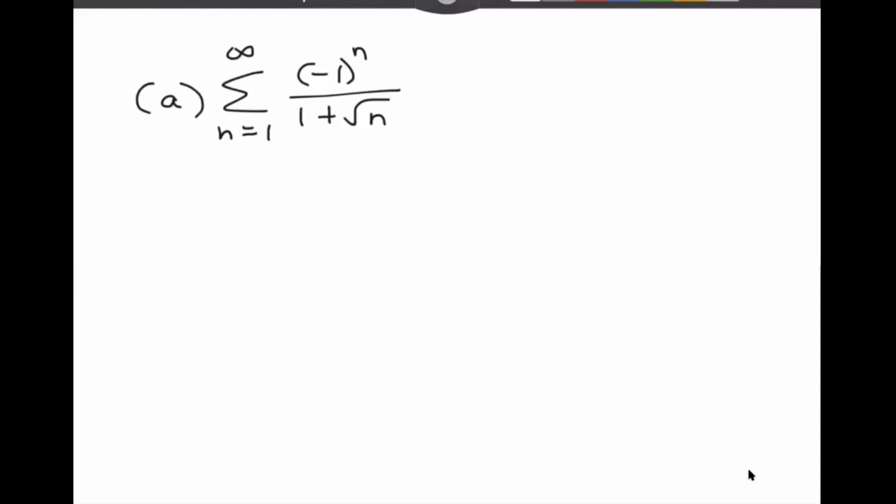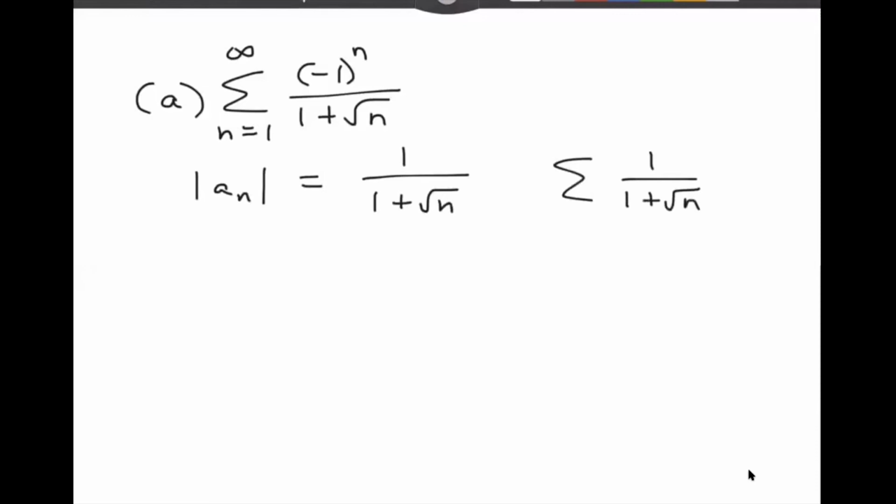So look at the absolute value of a sub n, which is 1 over 1 plus the square root of n. All right, so in other words, we're looking at the series 1 over 1 plus the square root of n.